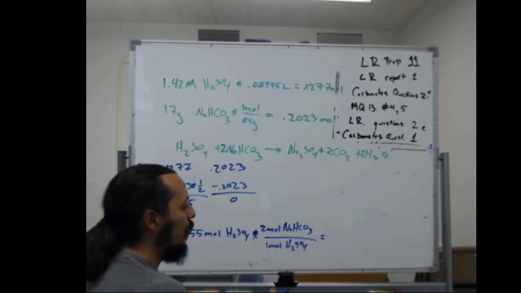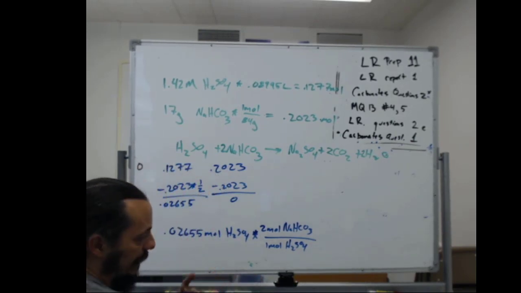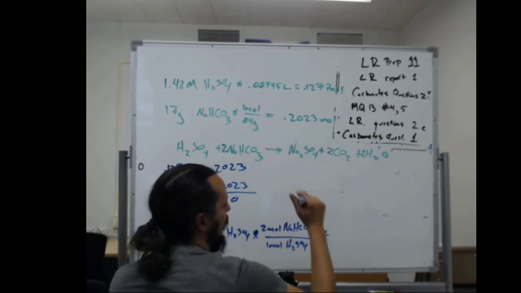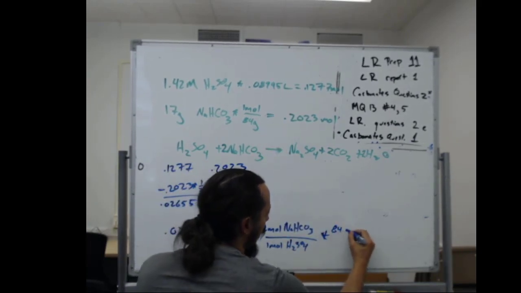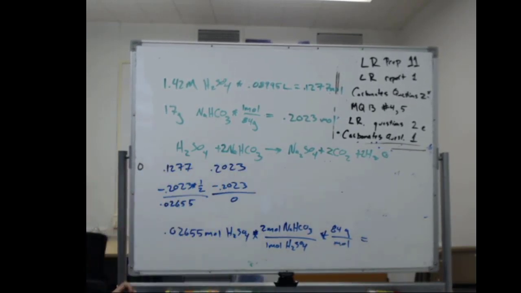That will give me the moles of sodium bicarbonate that I need to finish reacting. Then I can multiply by the molecular weight of sodium bicarbonate, 84 grams per mole, and that should get me how much more sodium bicarbonate I need in order to finish neutralizing that acid spill.